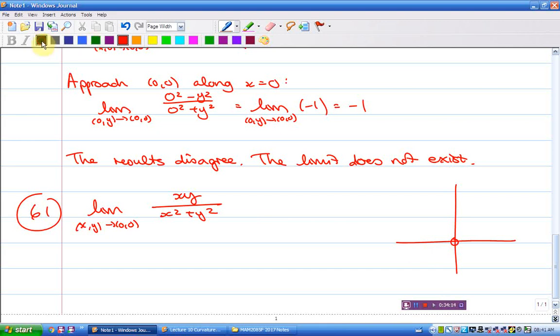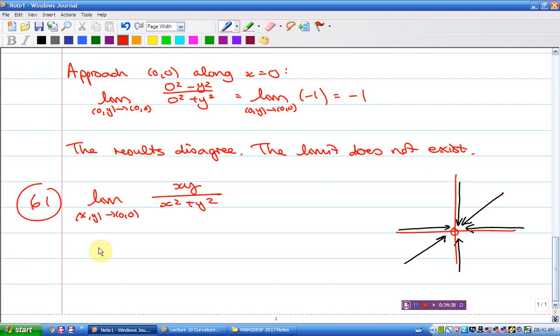I don't really care which one. Let's go for the y-axis. That's going to be my one path of approach. My other path of approach is going to be along the line y equals x. In fact, let's include the x-axis as well, but you'll see that the x-axis and the y-axis actually agree in this particular problem. Okay, I'm running out of time. I only have 4 minutes, so let me do this speedily.